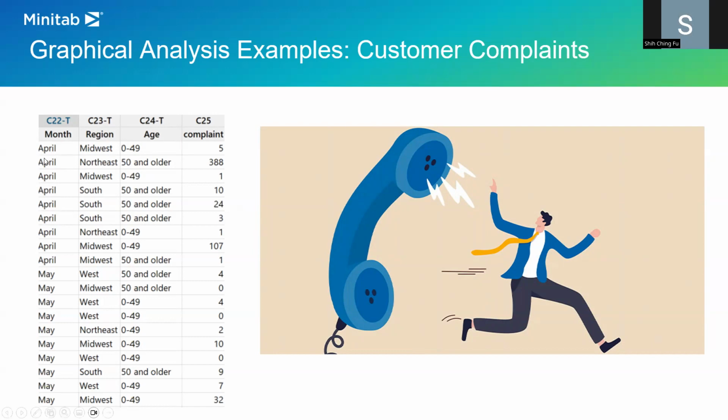So the data has something like recorded times, like April and May, from different regions, and even different dates and times. I also identify the age of the people who complained, 0 to 49 and 50 and older. How many complaints? So that could be many, many lines of data over several months. So how can I identify something, pick out some interesting pattern or hotspot? I want to reduce the complaints.